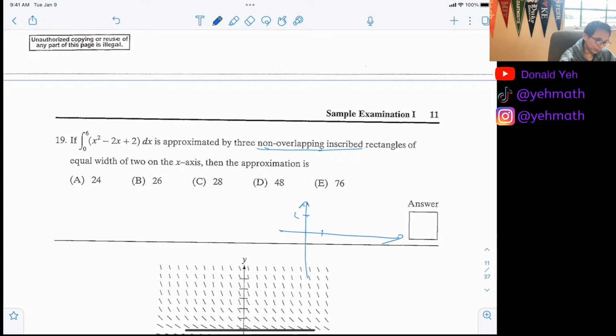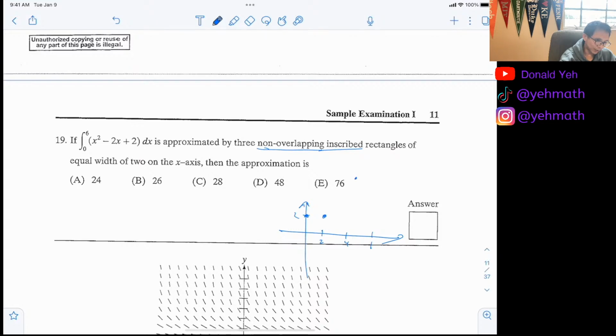And I want to figure out f(2), f(4), and f(6). f(2) is going to be 4 minus 4 plus 2, so it's 2. If I plug in 4, 4 squared is 16. 16 minus 8 is 8. 8 plus 2 is 10.